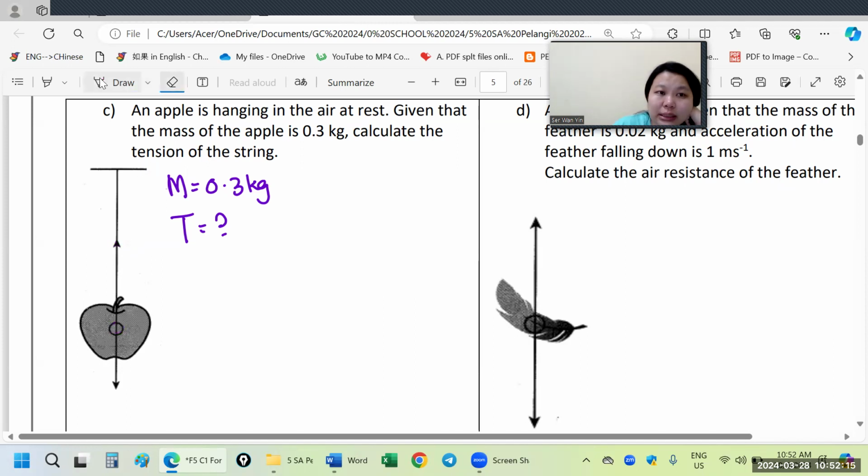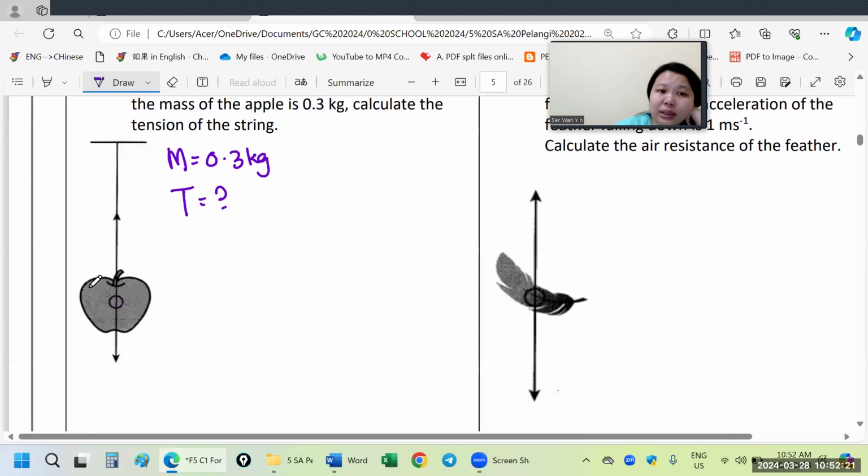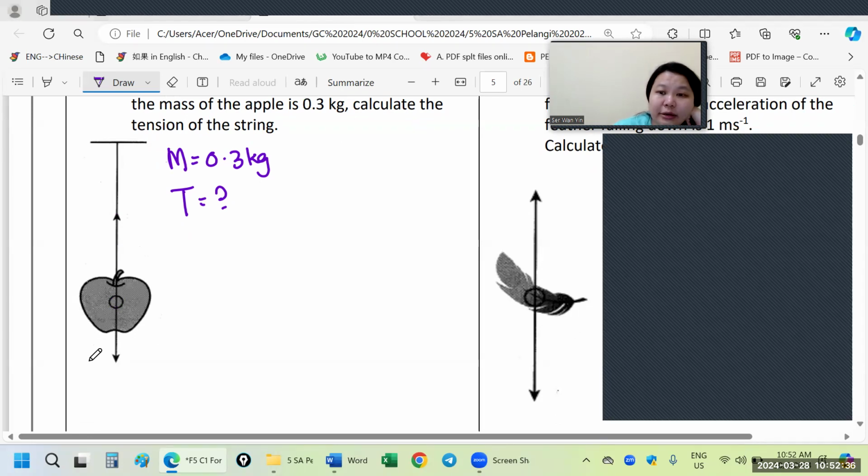So here, the direction of force shows the free body diagram. Can anyone tell me what forces are shown here? Okay, Angel, thank you. Weight, yeah. So this is weight. Weight equals mg.